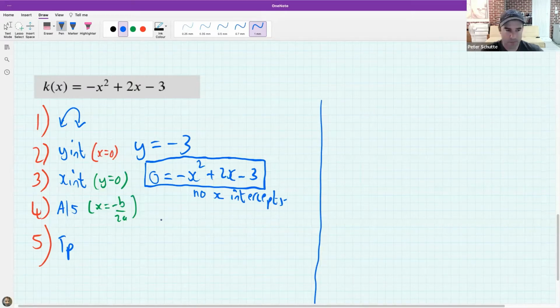Okay. So think about what we get: minus b, that is -2, over 2 times -1. I get x is 1 as my axis of symmetry.